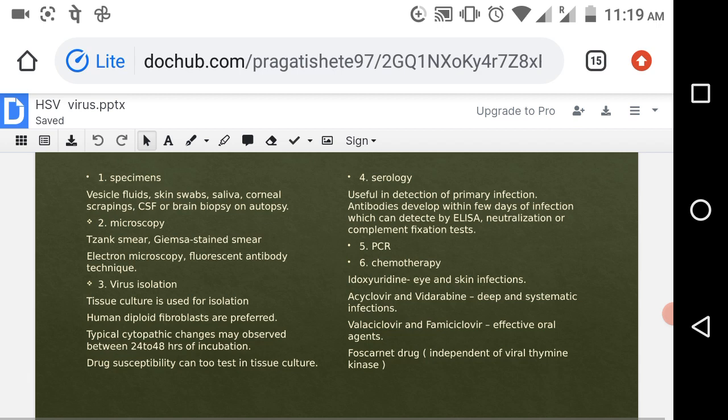Now we have isolated that virus, and now we know that the virus is herpes virus only. How do we confirm? By using the serological test and the PCR test, right? In PCR, what will it do?